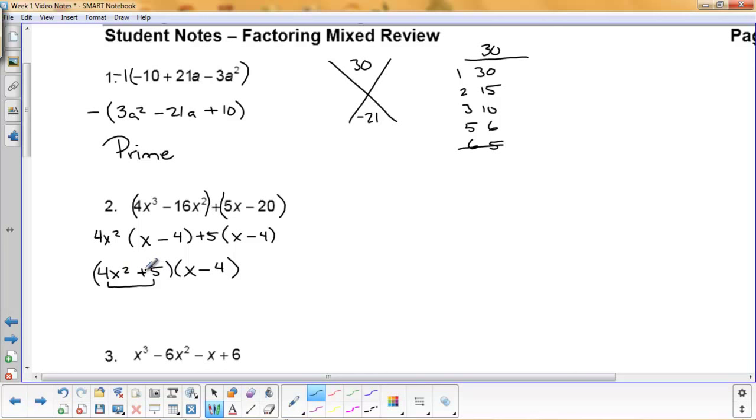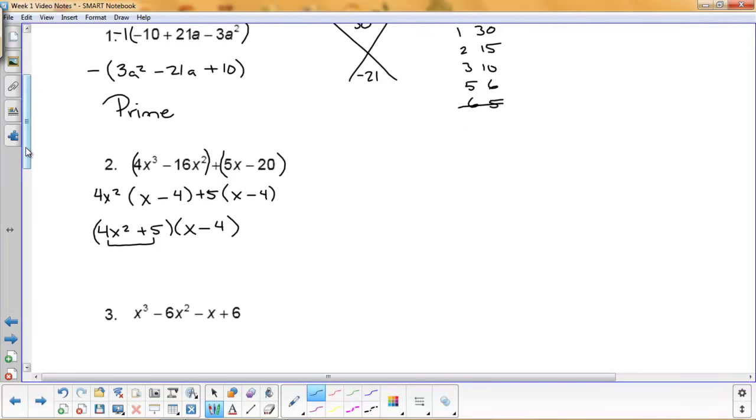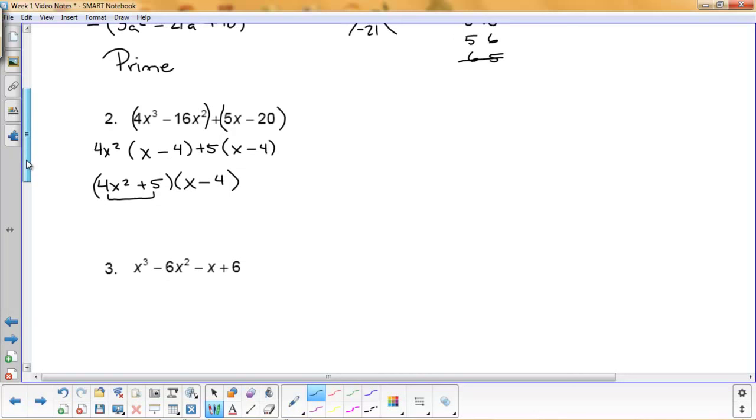And if we changed it even further to say 4x squared minus 25, then we could employ the difference of squares here. And so you just want to remember that if you have any term with an exponent degree other than 1, there's the possibility that you could simplify that binomial a little bit further. In this case you can't, but you've got to keep an eye out for that in the future so that if it's possible, you can actually do that.